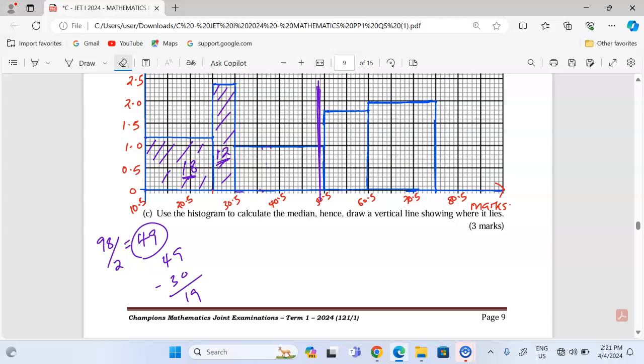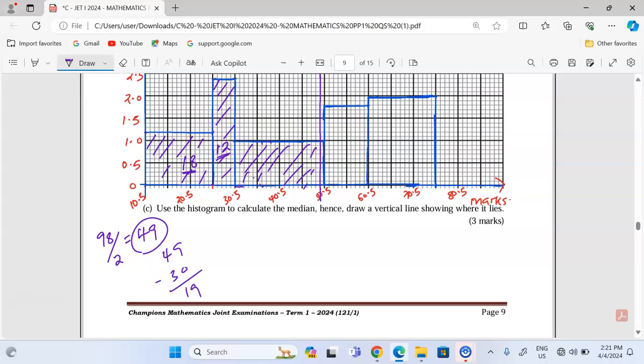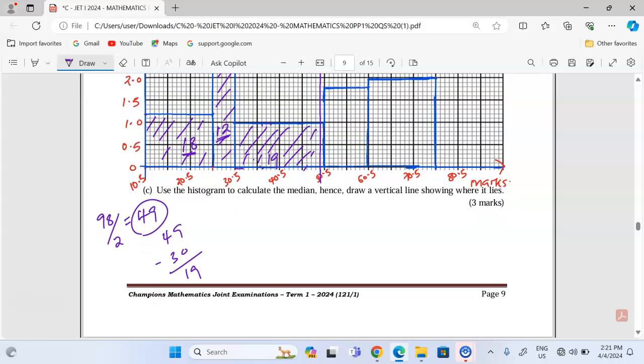So that is the vertical line through which the median is going to lie. Let me draw it well. Instead of adding the whole 30, we have added only 19. So if this is where the median lies, then this is going to be 49.5.